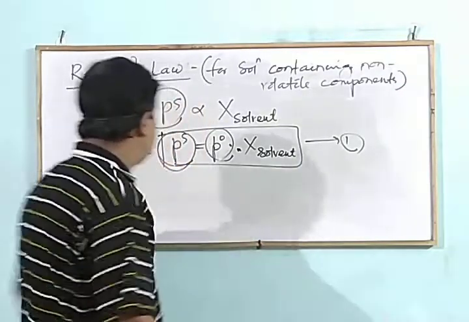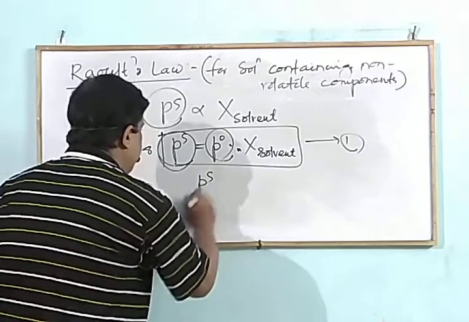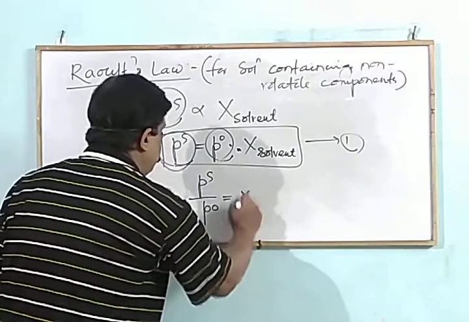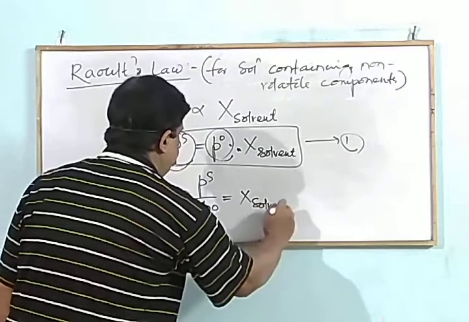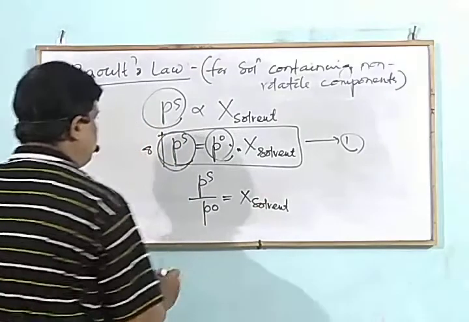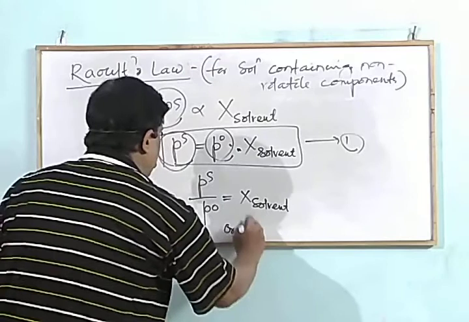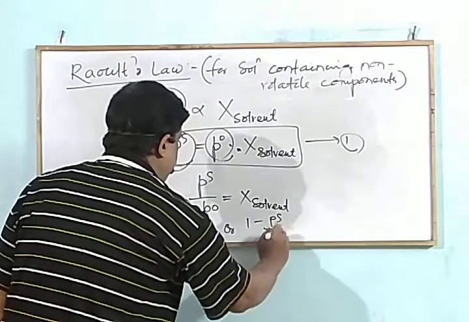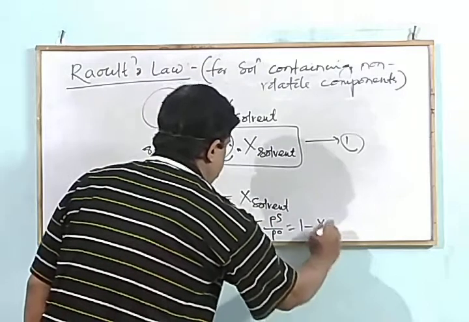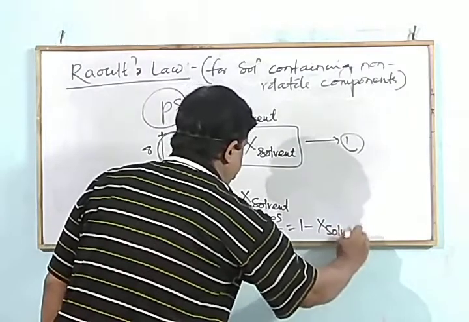So from this equation, one can rewrite that PS by P naught is equal to X solvent, or 1 minus PS by P naught is equal to 1 minus X solvent.